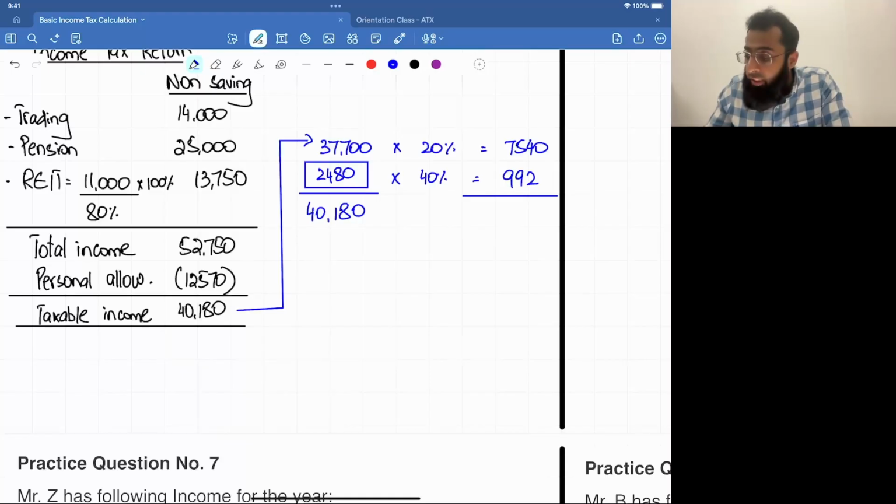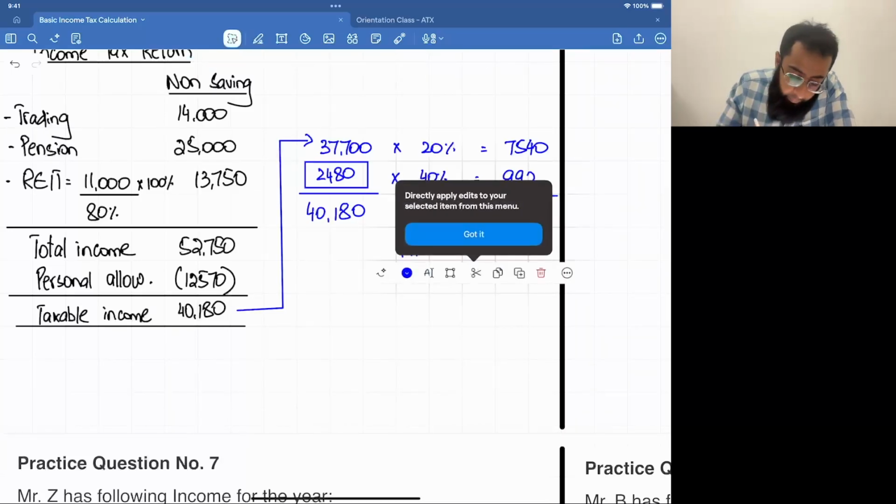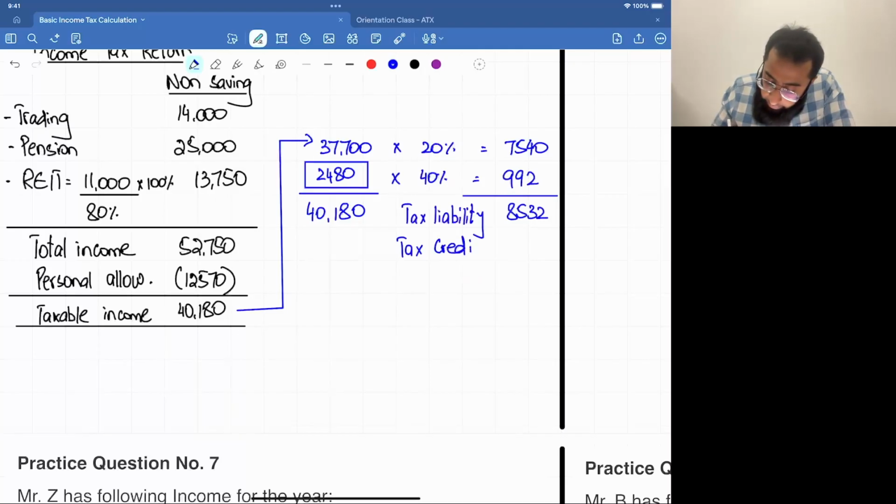See, till now it's very much routine. So your tax liability is 8,532. Let's deduct the advance tax which we have already paid.